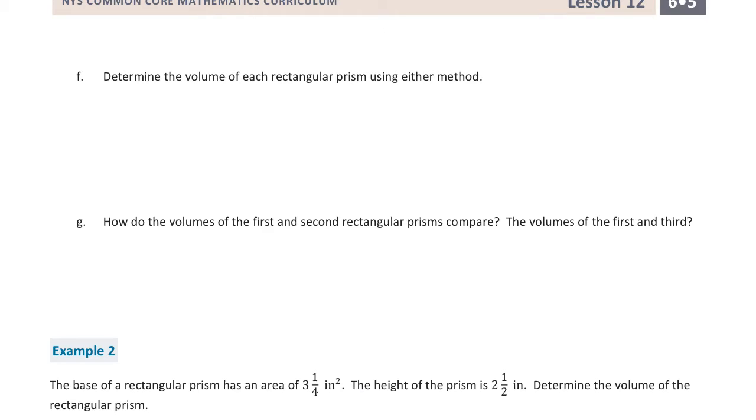At the top of the next page, question F says determine the volume for each rectangular prism using either method. So we're going to use what we've already set up. So for the first one, you can plug into your calculator 15 times 1.5 times 3, or you can do the 22.5 times 3.